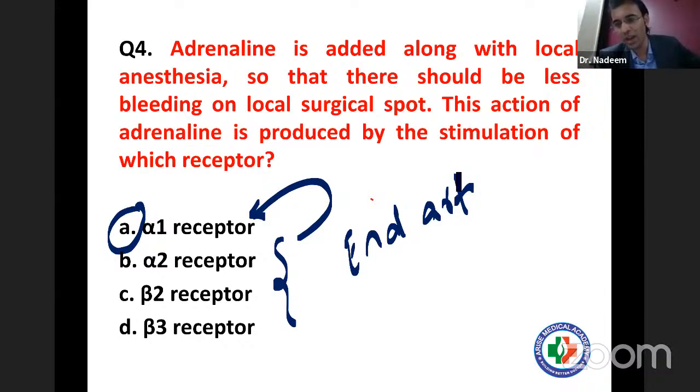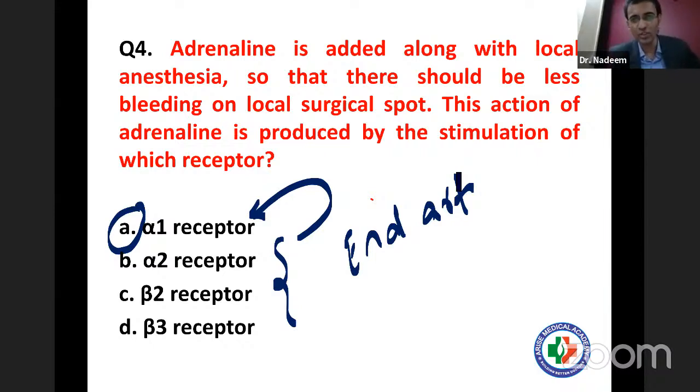And after some time, what will happen? Because they do not have any other blood supply, there can be necrosis. So whenever there are end arteries, do not use adrenaline. Okay, fine.